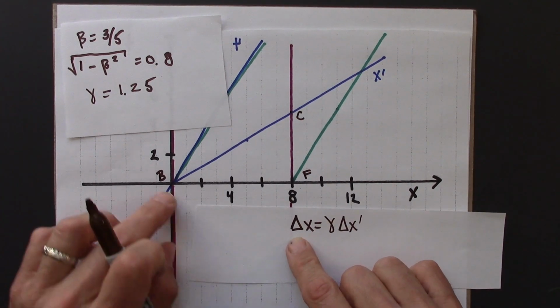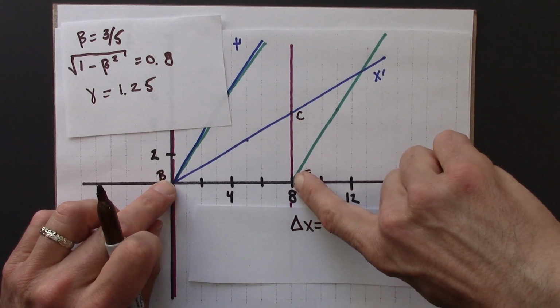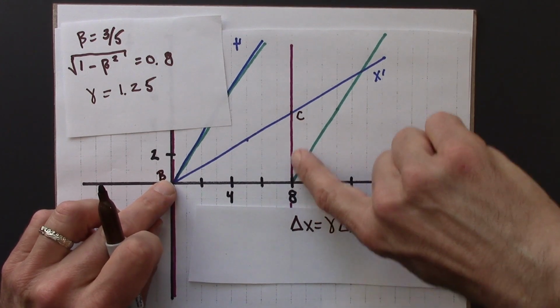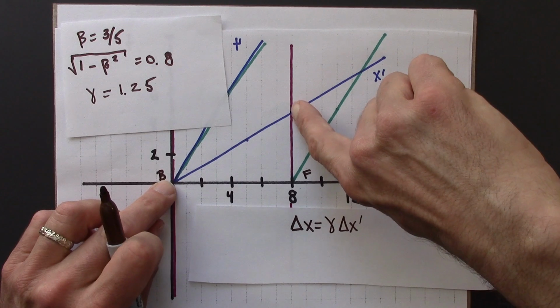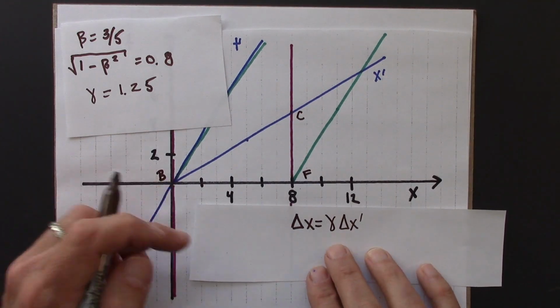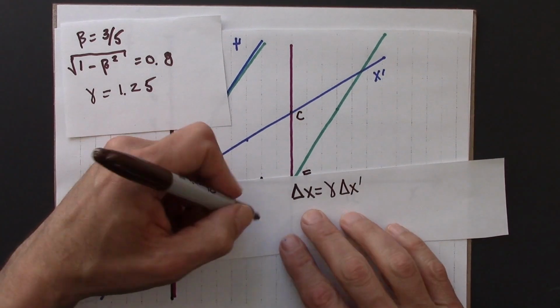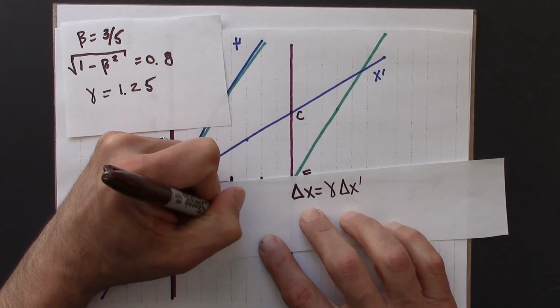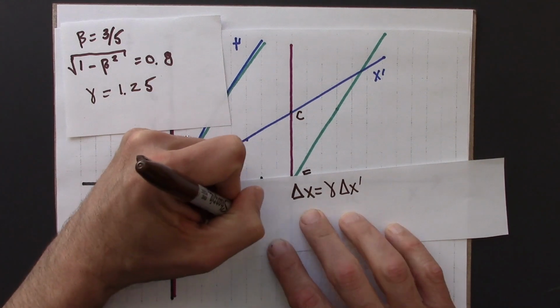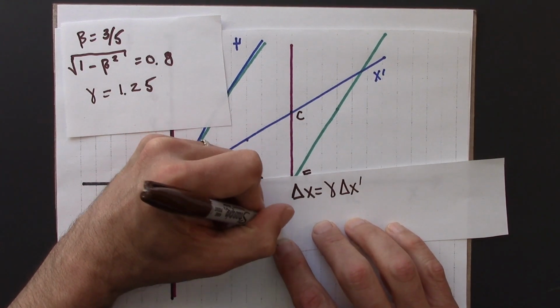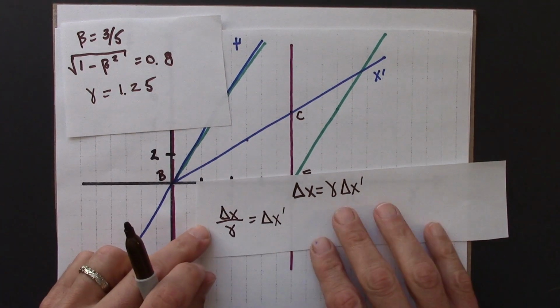And in this case, we know delta x. Delta x is 8. And we want to know what does that correspond to on the x prime axis. So let's see, I want to solve for delta x prime. I'll divide both sides by gamma. So I get delta x over gamma is delta x prime.